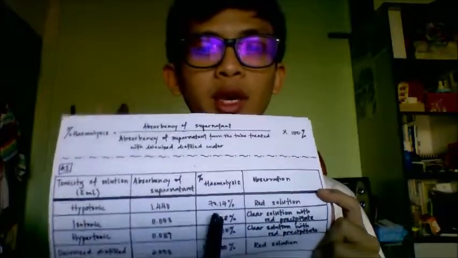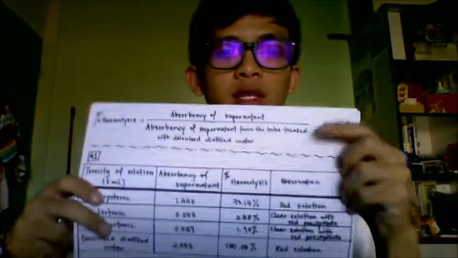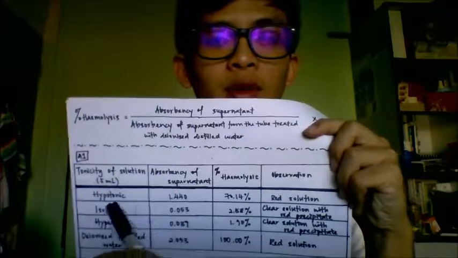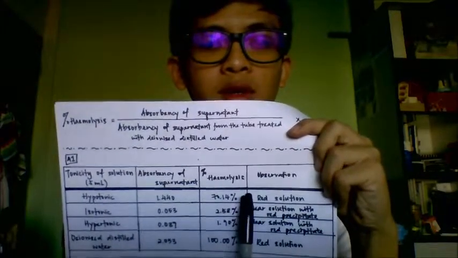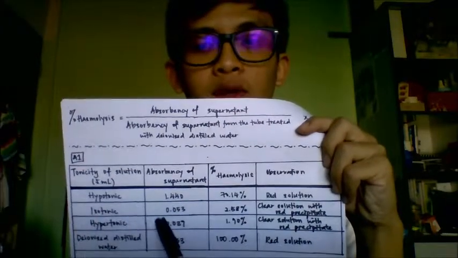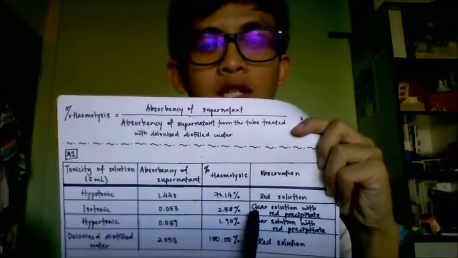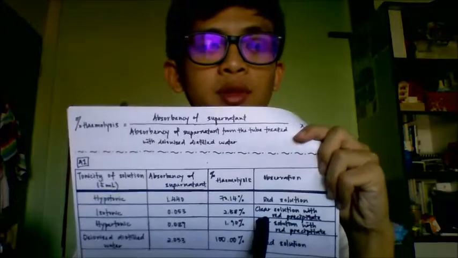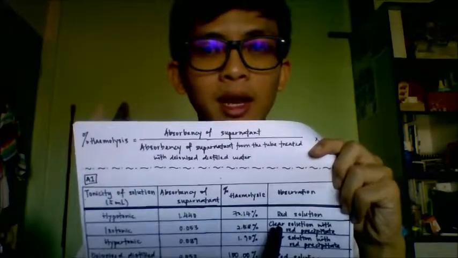The observation for these four solutions is that hypotonic is a red solution, as is the deionized distilled water, and for the isotonic and hypertonic, the result is a clear solution with red precipitate, and the red precipitate is actually the platelets.